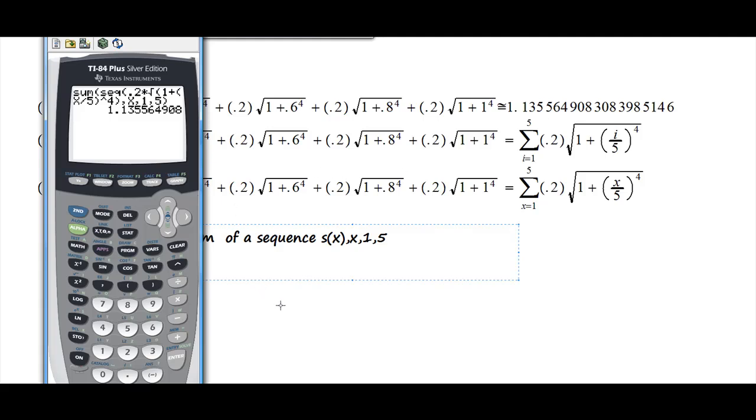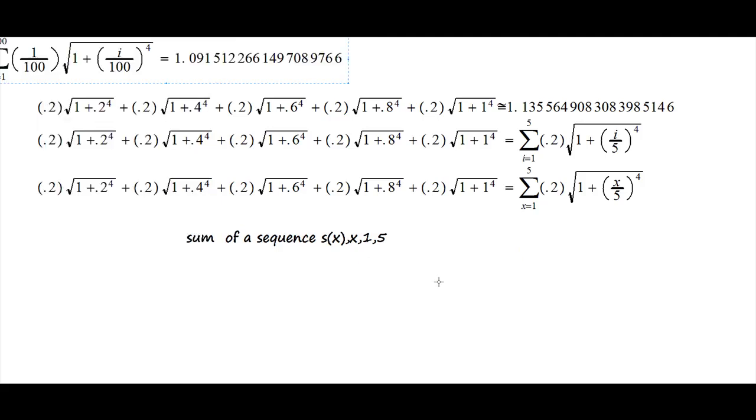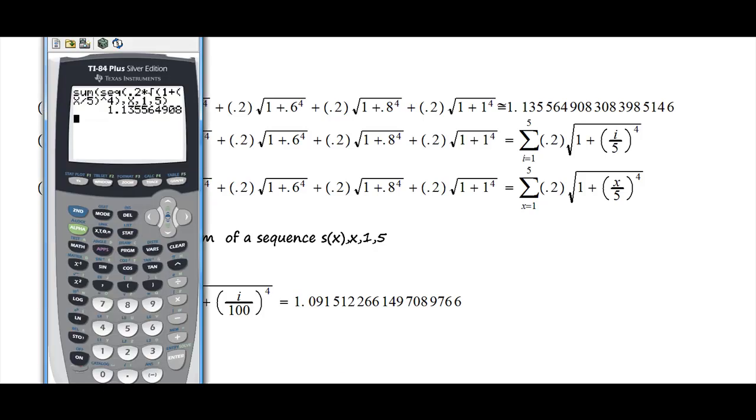Okay, so this was the way we entered it. Now let's say we want to obtain this value here, that is for a Riemann sum of 100 rectangles. So let's pull up the calculator again.